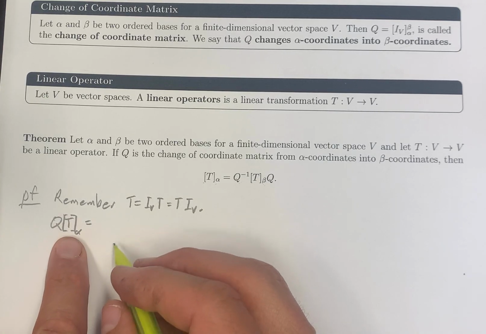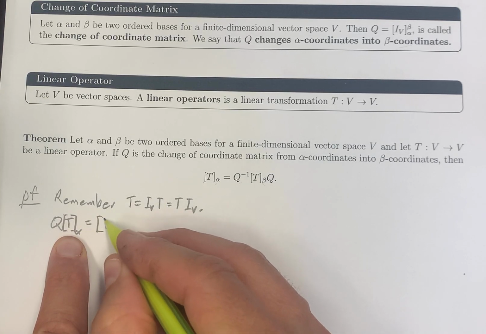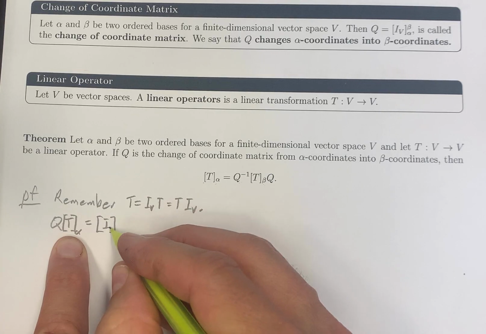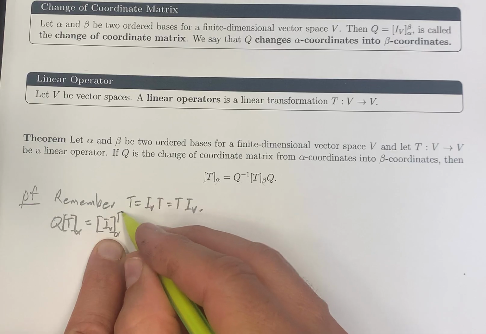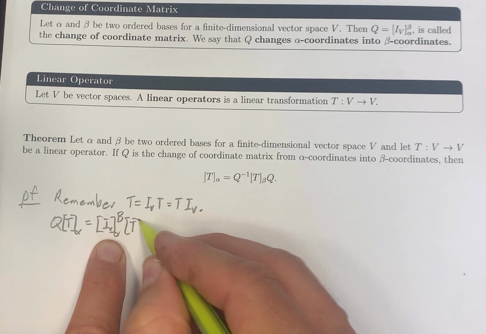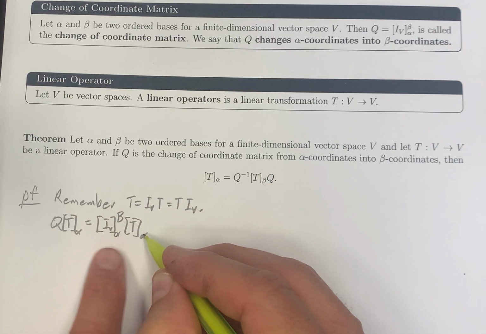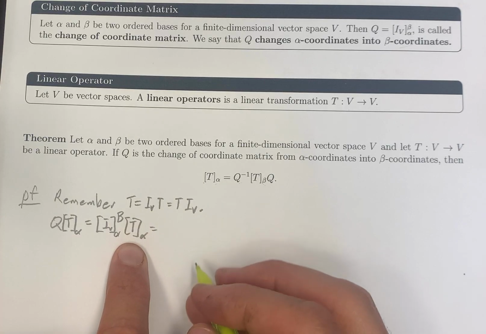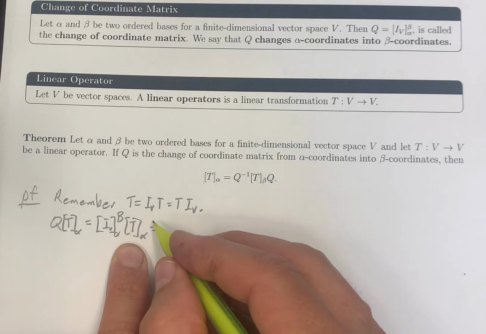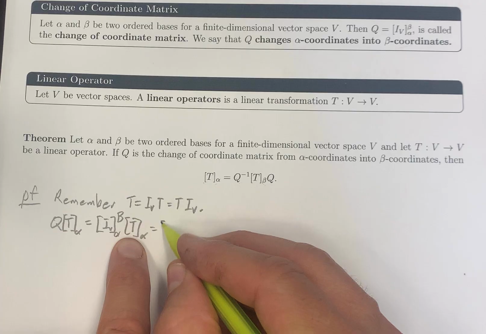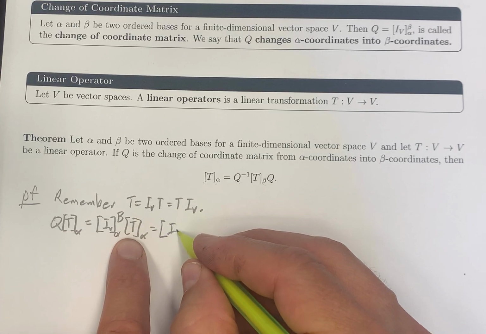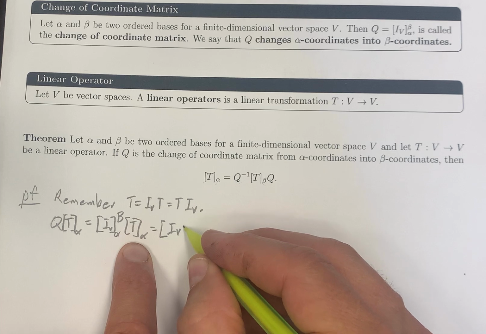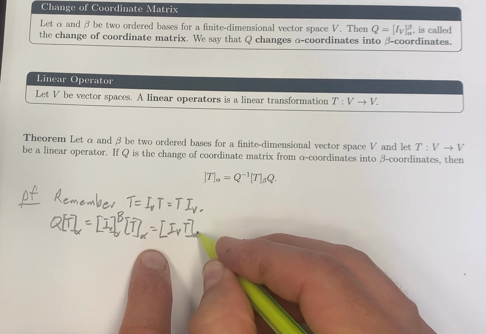Well, that equals, remember the definition, the matrix of the identity on V from alpha to beta, times T alpha. Remember we showed that the composition of two matrix representations of linear transformations is the matrix representation of the composition of the linear transformations.